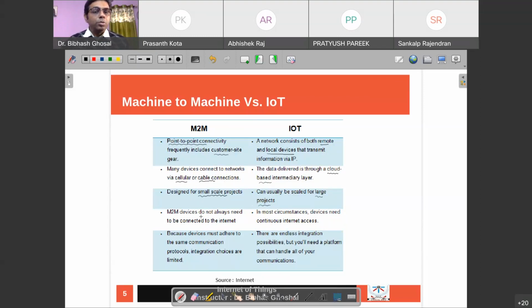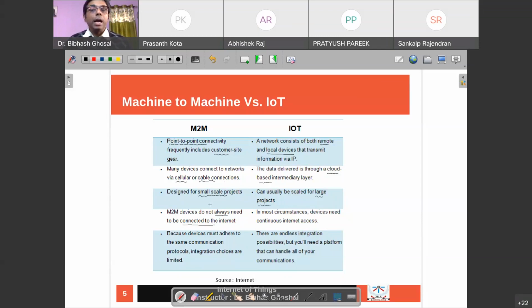M2M devices do not always need to be connected to the internet. Because if you don't need to send something to the IP-based network or use some services from the IP-based network, there is no need for connecting to the internet. But in case of IoT, devices really need internet access because the cloud services are obtained through the internet.